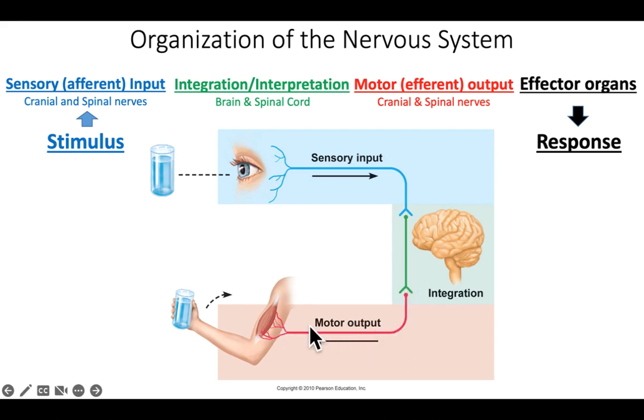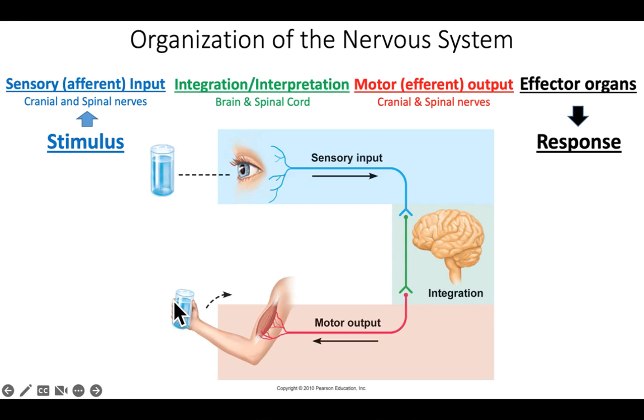That's going to be using the motor neurons or output. Those are often referred to as efferent. Efferent means the signal's going away, or exiting. So afferent, you go to the brain. Efferent, you're going away from the brain or CNS. And eventually those lead to the effector. In this case, it's a skeletal muscle, and that's going to help us flex our elbow so we can drink that glass of water.